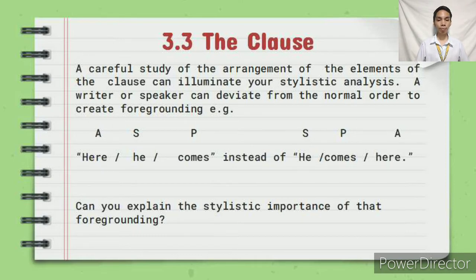So here, in this example, here is the adjunct, he is the subject, and comes is the predicator. Okay, we could see that the structure is not that usual, or it does not follow the usual structure. Instead, it deviates from it.